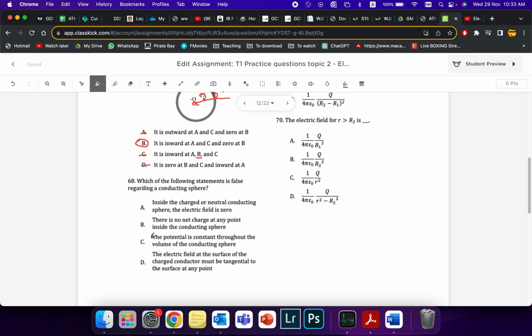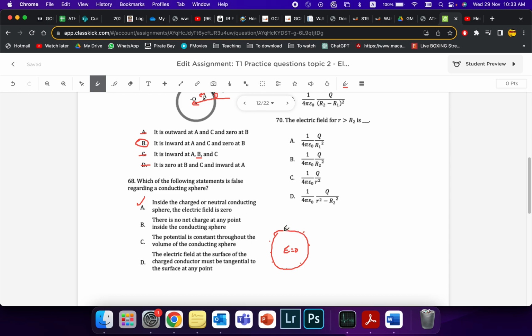Which of the following statements is false regarding a conducting sphere? So let's find out. Inside the charged or neutral conducting sphere, the electric field is 0. Yes, because in the sphere, if it's a conductor, the charges will run away to the edges. Inside, E is 0. This is true.